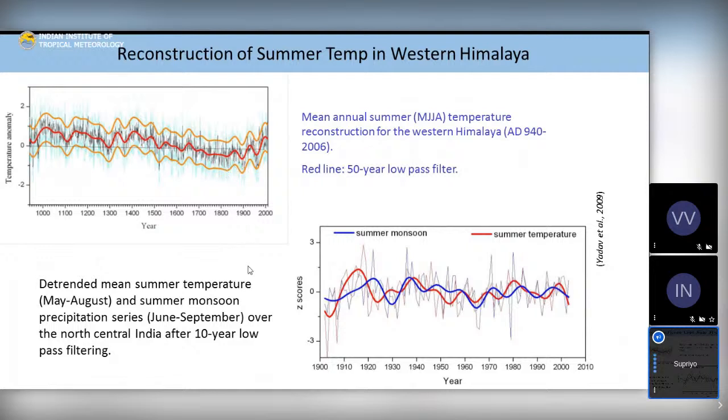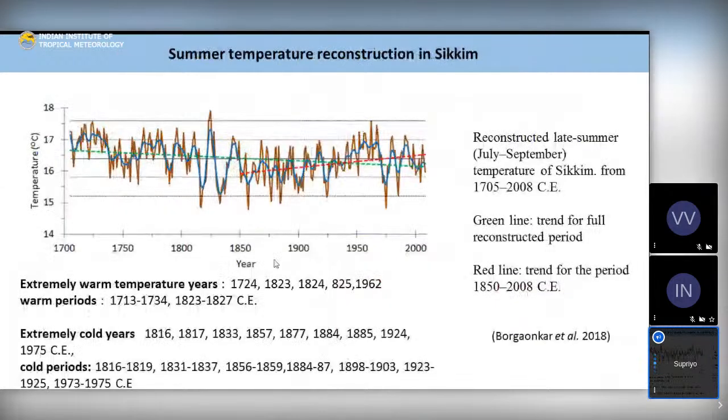After detrending, this tree ring index has been used to reconstruct the monsoon rainfall variability, which is shown in this plot, and we see that the summer monsoon rainfall and the summer temperature show a strong covariation.